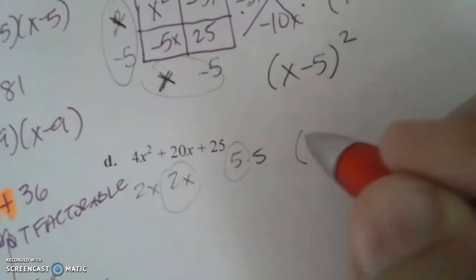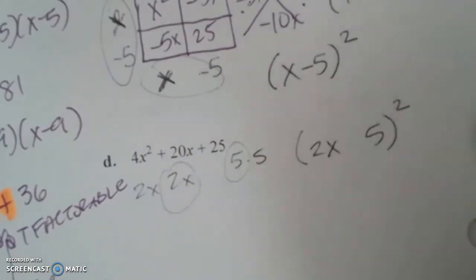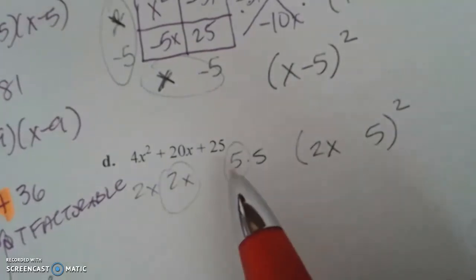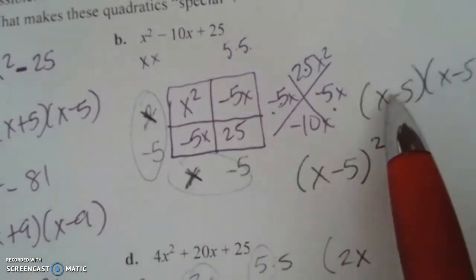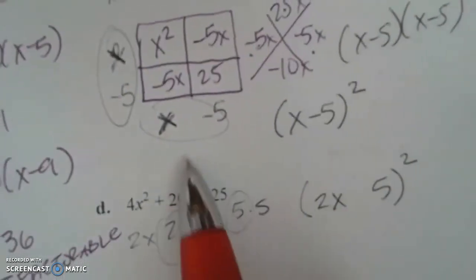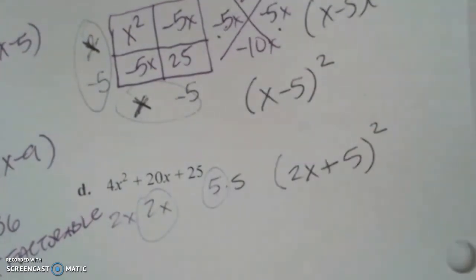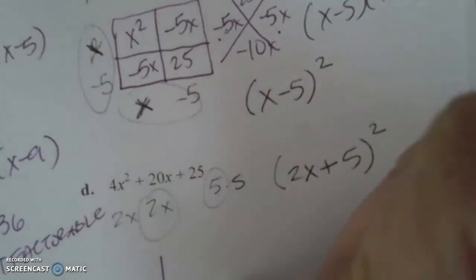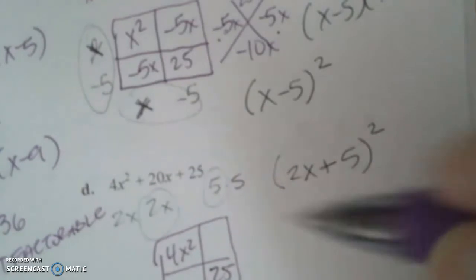So my guess would be that I would take this first term, 2x, and I'd put a 5 here and I'd put a square. Well, is it plus or minus? Notice in the last problem it was a minus 10, so they ended up being negative 5. Here it's a positive 20, so it's going to be a positive. Okay, and just to prove it, let's go through this little method right here, where you have 4x squared here and 25 here.